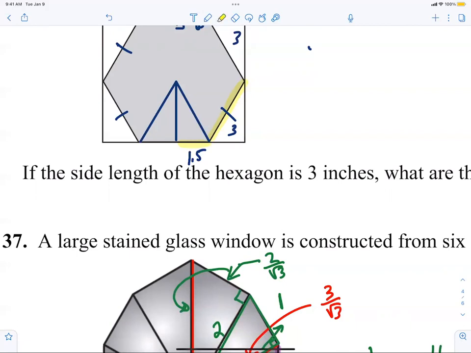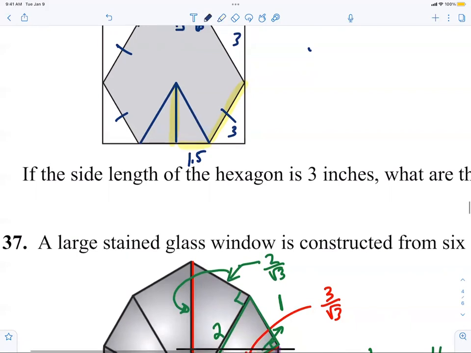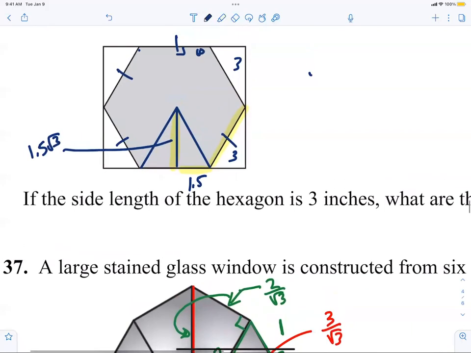Then what would this be right here? Yeah, it's just a pattern, guys. It's just 1.5 radical 3. All right, this is 1.5 radical 3. So what's this length right here? Somebody help me. What's this one right here?